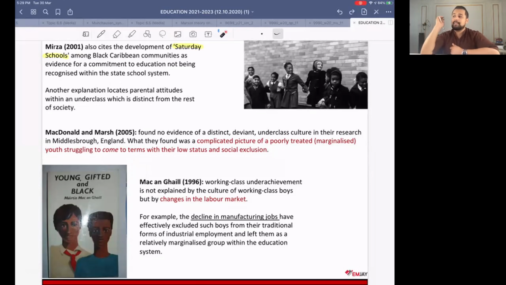There's been a very evident decline in the manufacturing industry, and this decline has left many working class pupils without any purpose. They know for a fact that their parents won't be able to invest in their education.